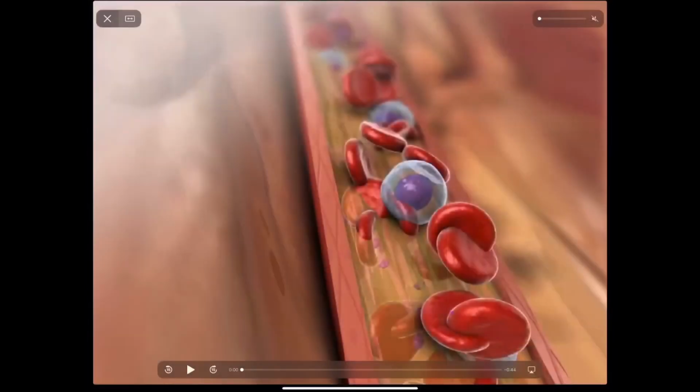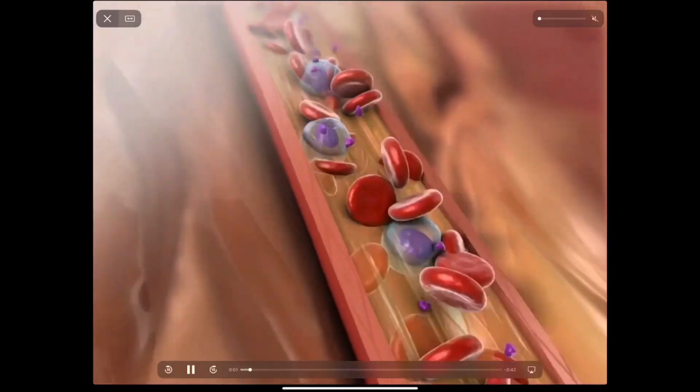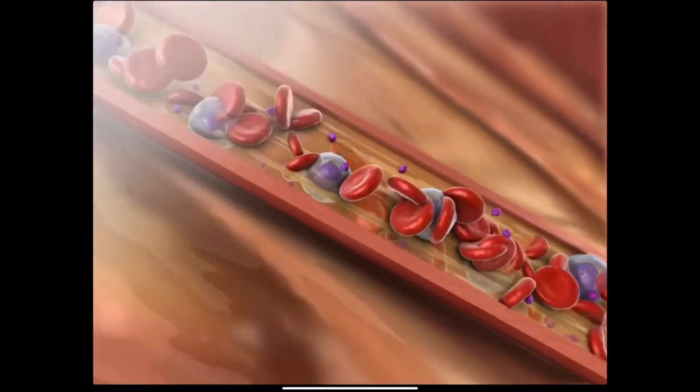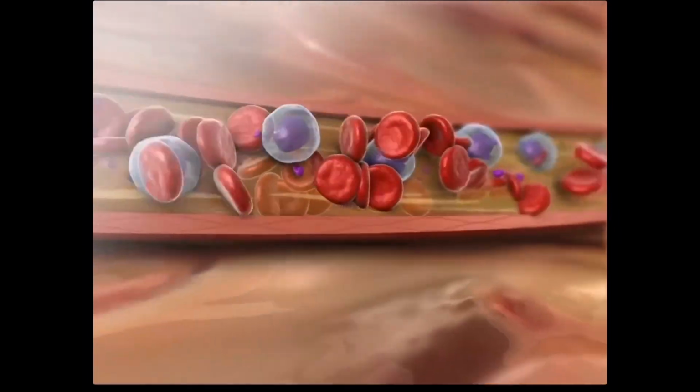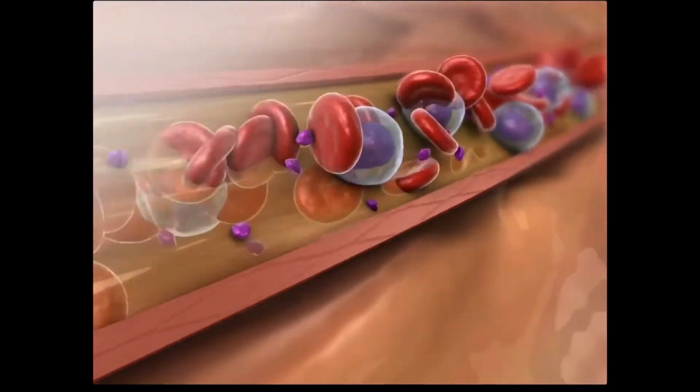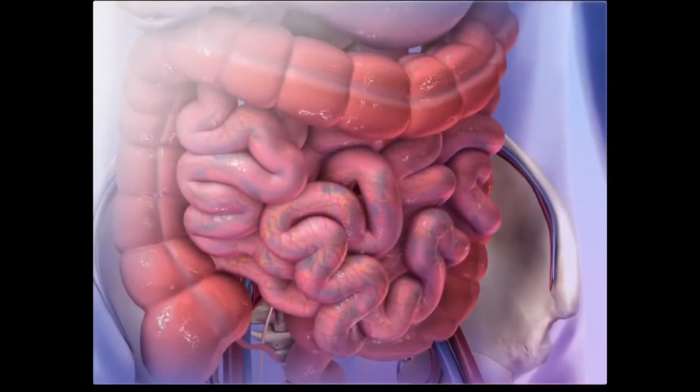In this clip, I'm going to show you how the blood plasma is transporting the components of blood around the body. So as we can see, red blood cells, white blood cells, and platelets are being transported around the body in the blood vessels.